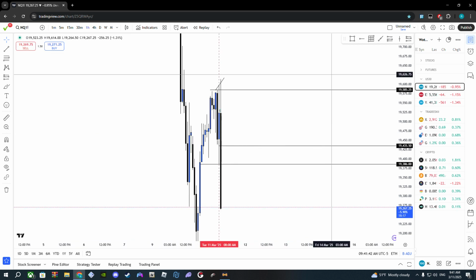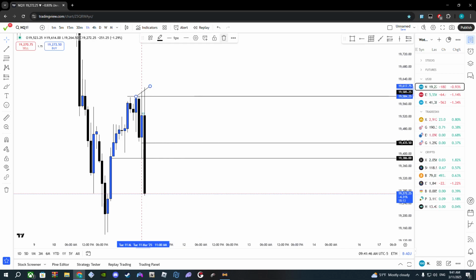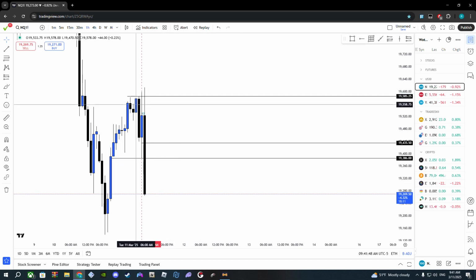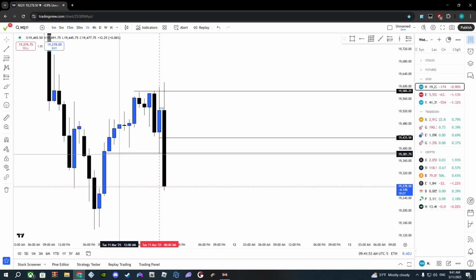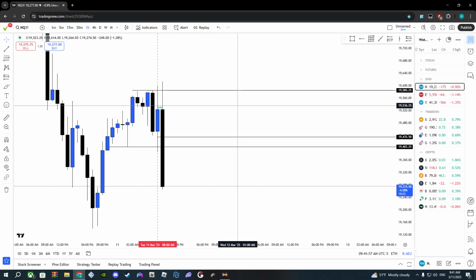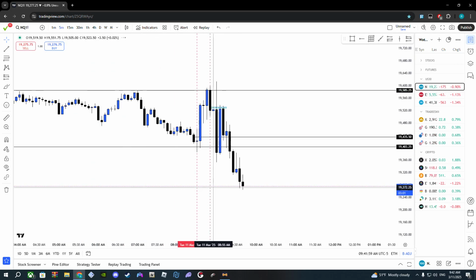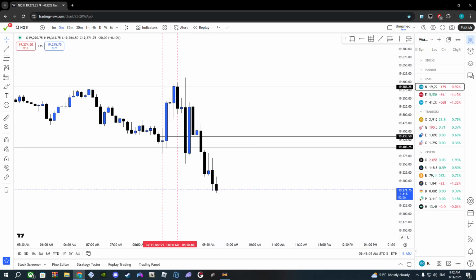So figuring out our bias coming on an hourly, we had these pre-market hourly highs that I was looking to get swept. We had these hourly lows that I was looking to get swept, and that was pretty much it. Scanning into the 5-minute, as you can see, market open.